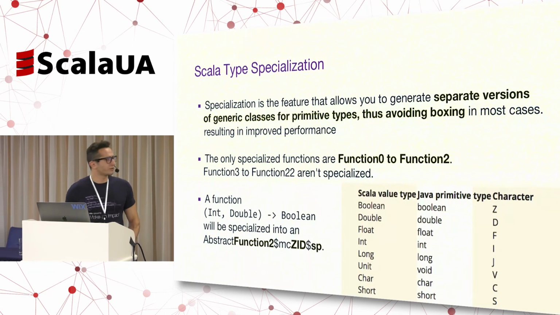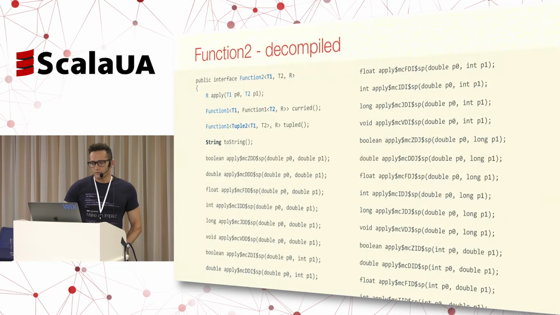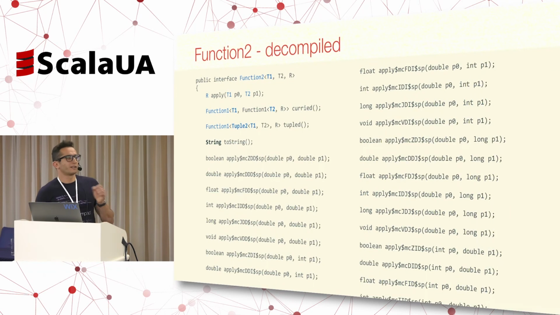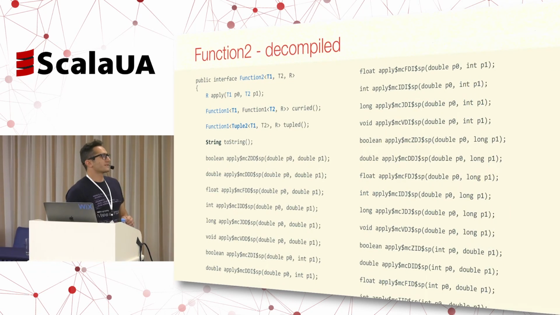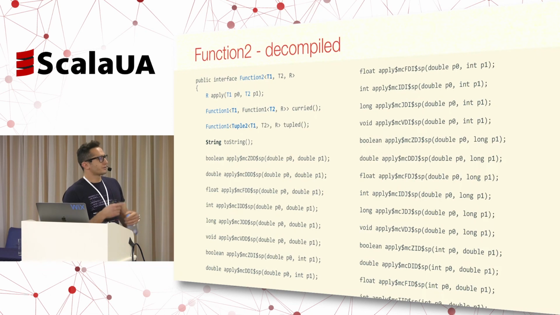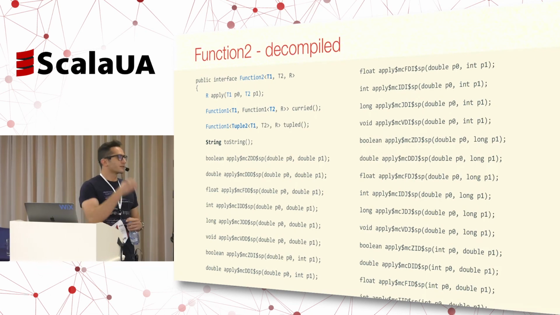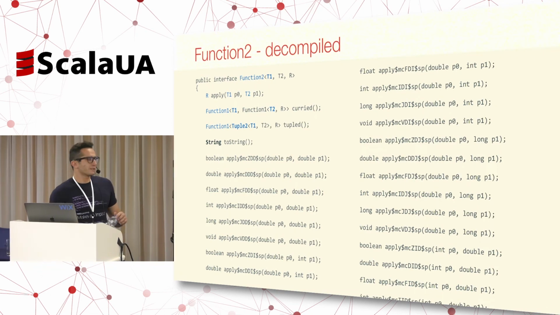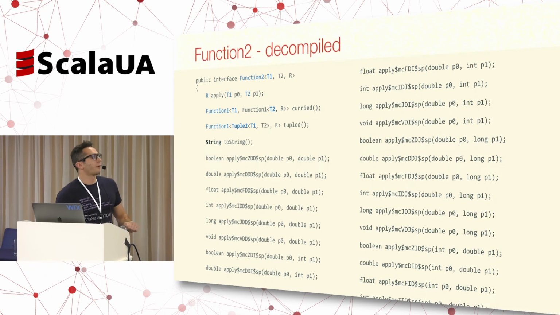And if we run a decompiler on the actual function 2 provided to us by Scala, we're going to see a huge class, a really huge class with all the permutations available from double to an int, from a boolean to an int to a string, and so on and so on. And the list goes on forever. This actually allows the compiler to give us better performance when we have functions dealing with primitives.